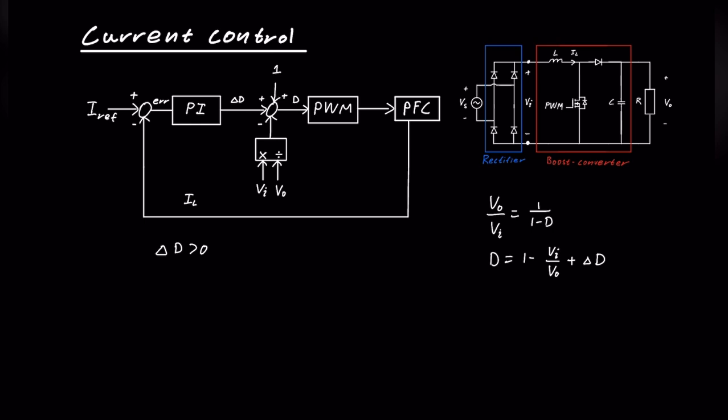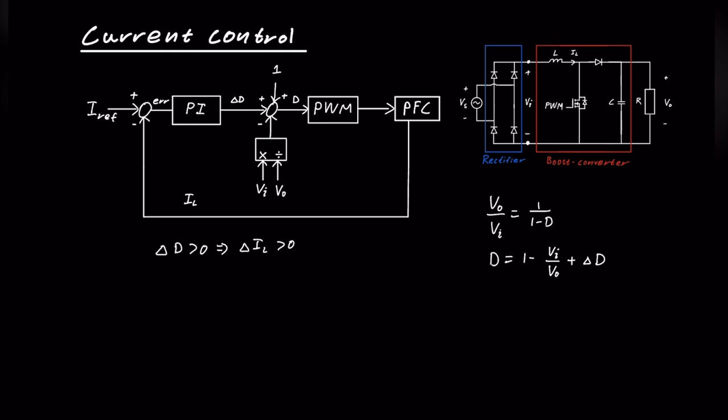Now, if we go from the duty cycle of 0 to 1, the current would increase. This means that when the duty cycle is increasing, the change of current is also increasing.